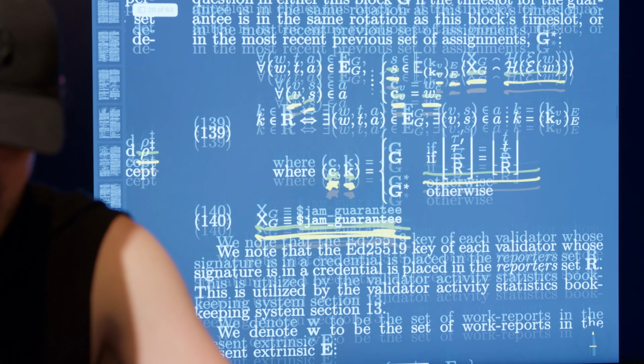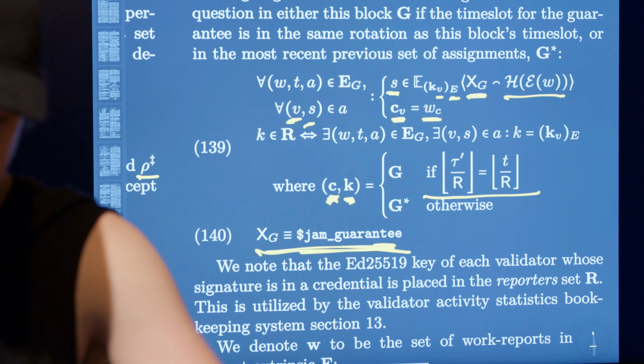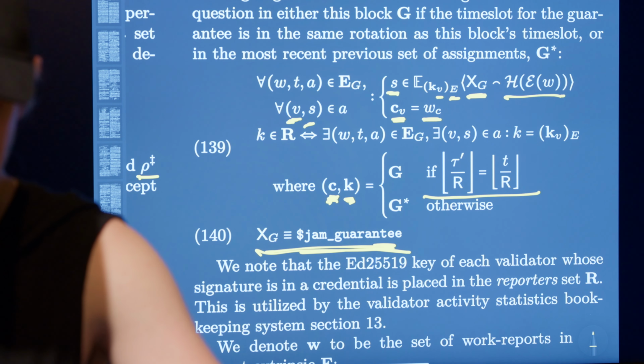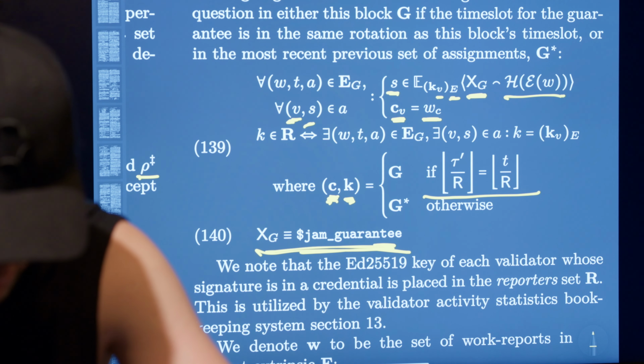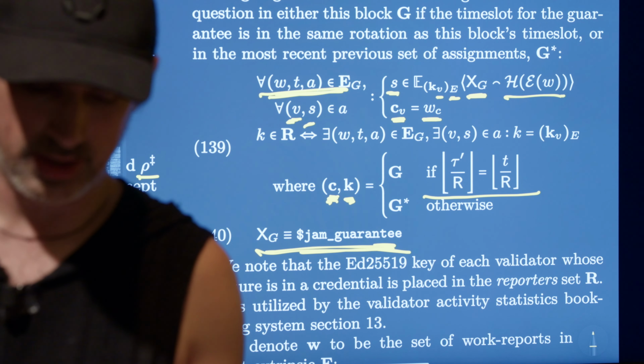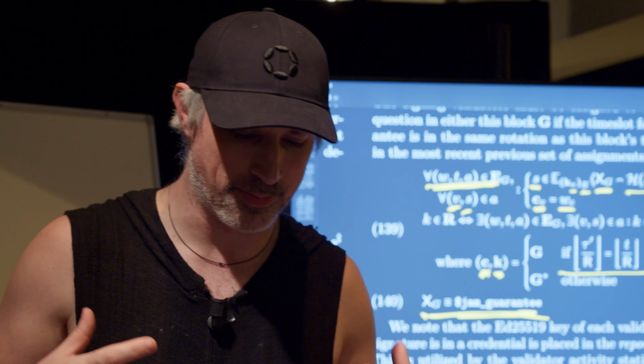For this, we need T. T is basically the block index that this was constructed with. When a guarantor is given a work package, or actually signs a work package, it signs something together with this T, which is the time that it was doing it.